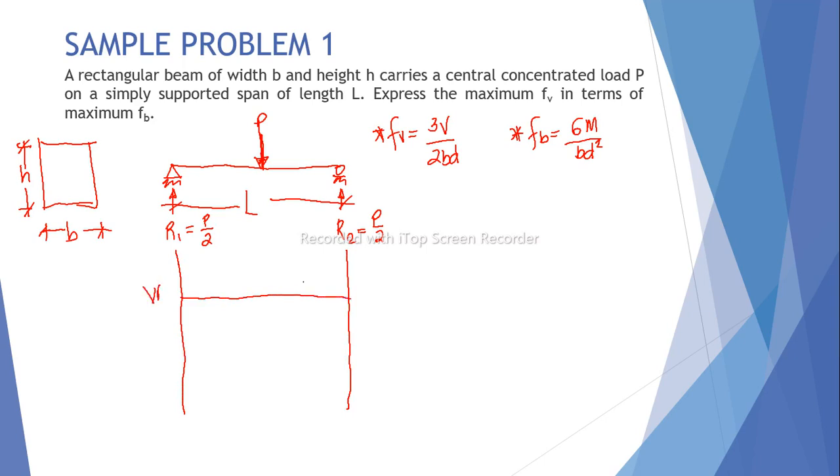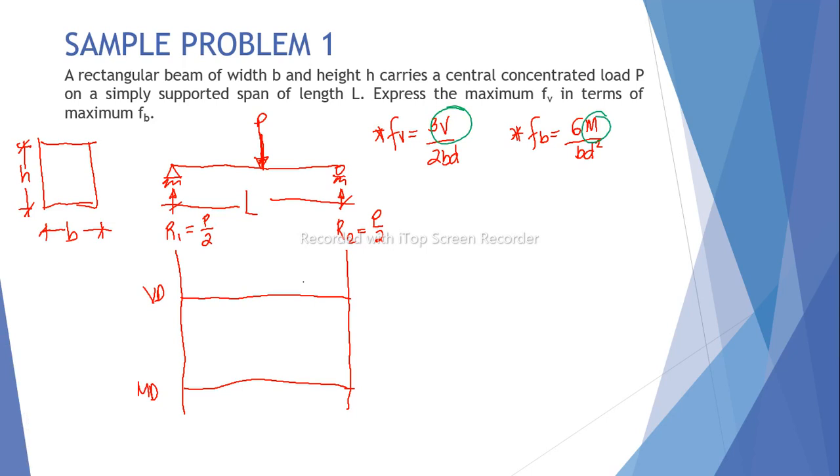We will have our shear diagram and then our moment diagram. These give us V and M, which we get if we cut the beam or draw the shear and moment diagram.